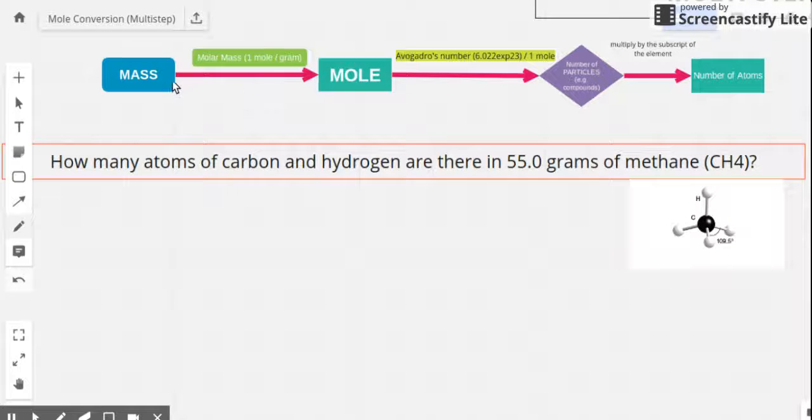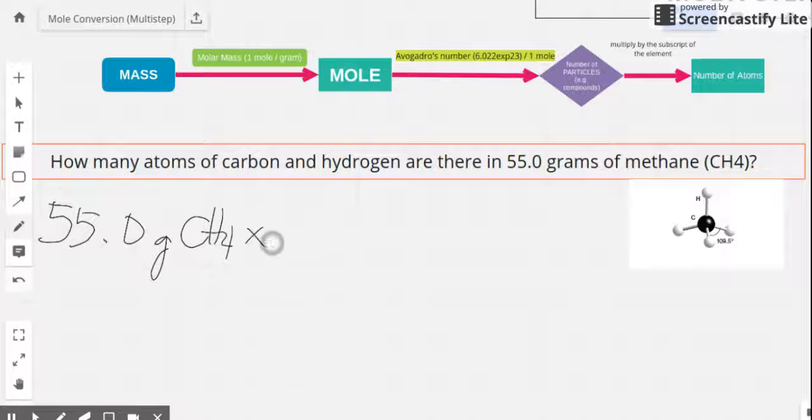So that means we can't go right away from mass to number of atoms without passing through our mole and the number of particles. So it says here in the diagram that for mass, we need to start by multiplying or dividing your given 55.0 grams of methane by its molar mass.